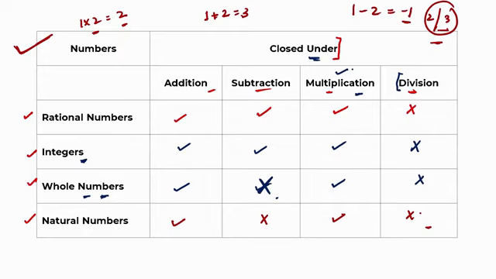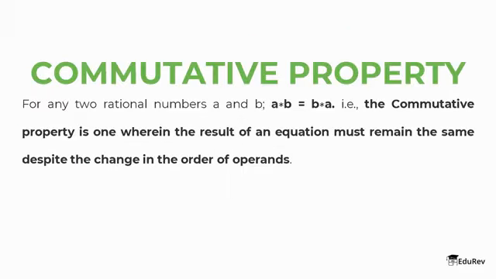So if you have understood this, let's move on to the next property, that is the commutative property. Alright, so let's understand what the commutative property is. Commutative property says that for any two rational numbers a and b, a with any operation applied with b should be equal to b with that operation applied with a. It is the property wherein the result of the equation must remain the same despite the change in order of the operands.